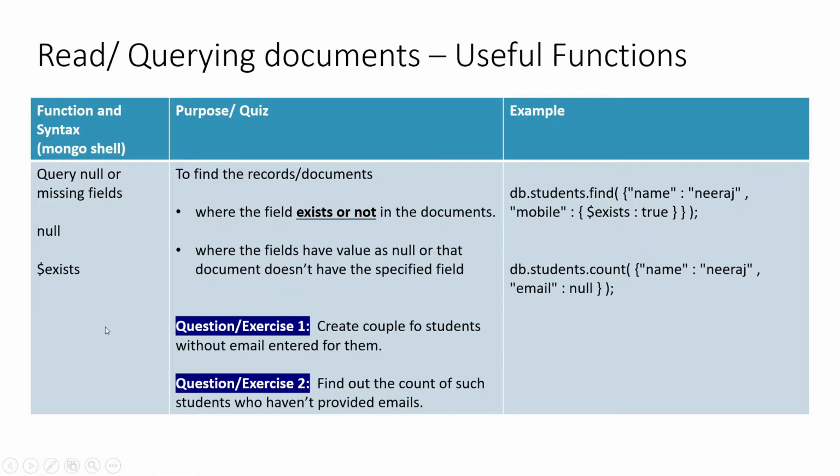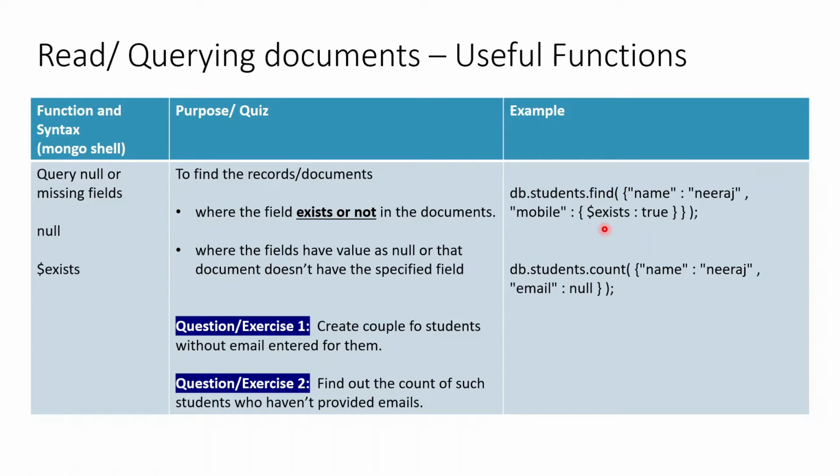So let us look at some of the useful functions related to querying null values or exists. As I mentioned in the beginning of this video, because this is a NoSQL database, how will we find that some of the fields or some of the rows where some field exists?